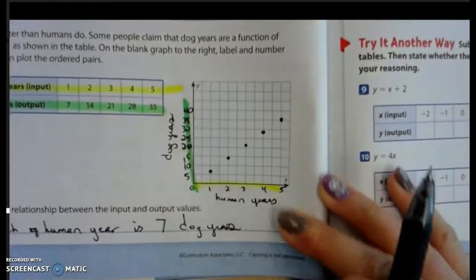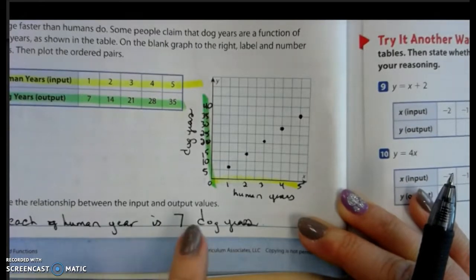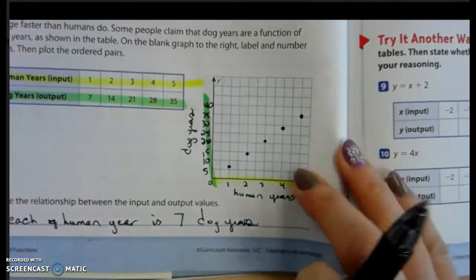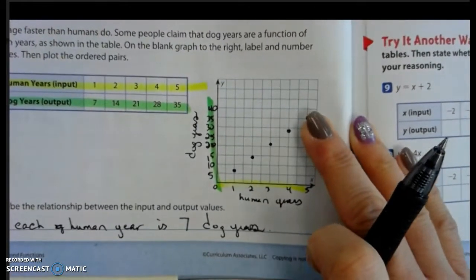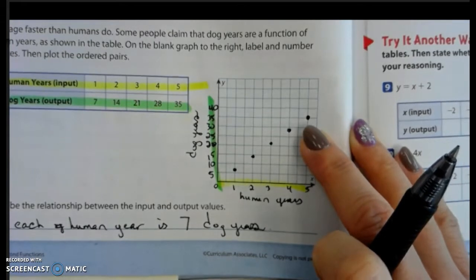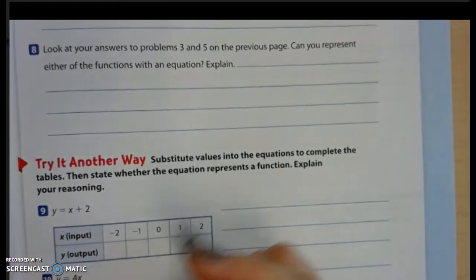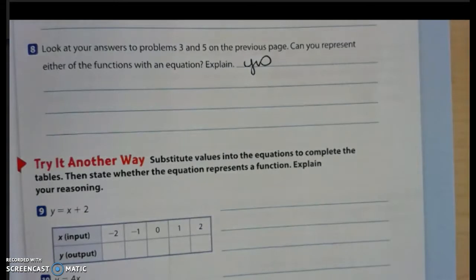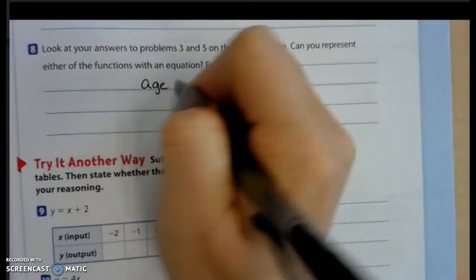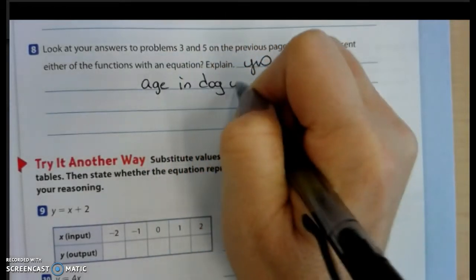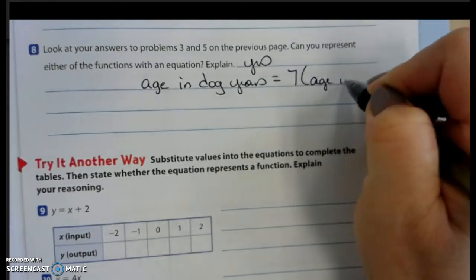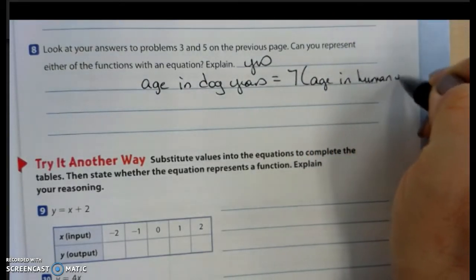But if we look at this dog years versus human years, we were able to identify a pattern and label it with data. We were able to say that each human year is 7 dog years. Okay, the pattern followed every time. So what we're going to put over here on number 8 is, yes, we said that the age in dog years is equal to 7 times the age in human years.